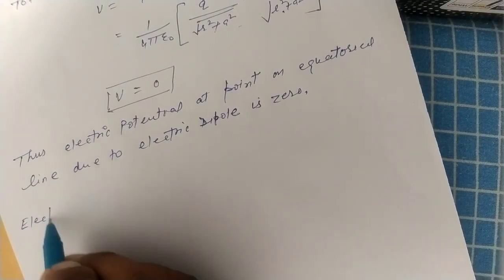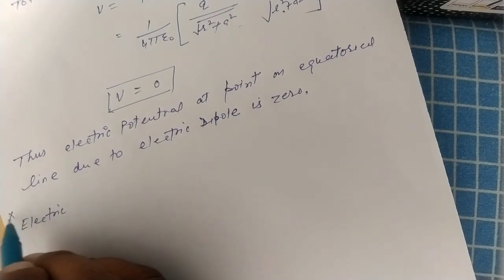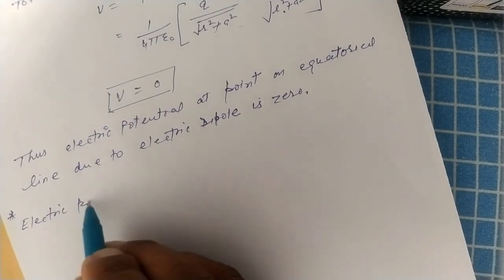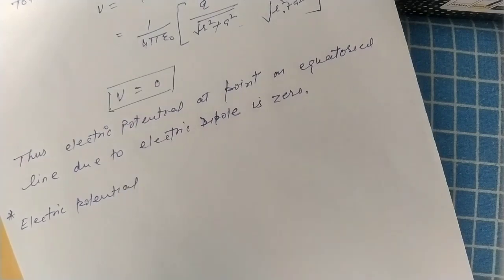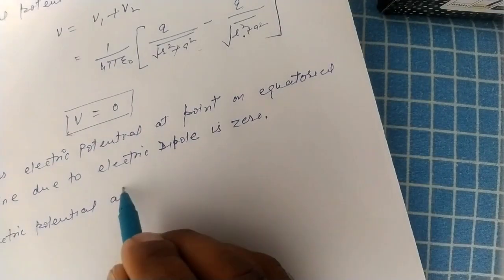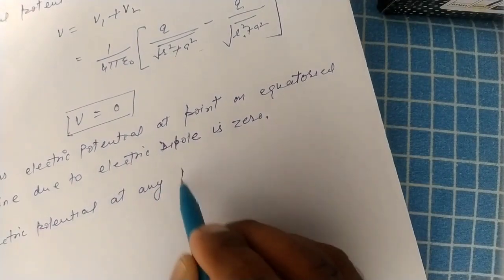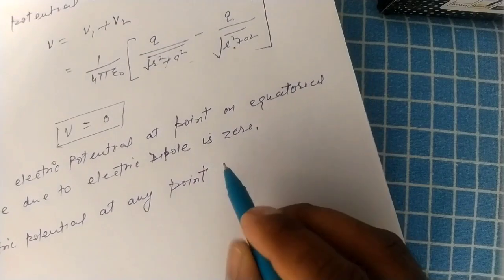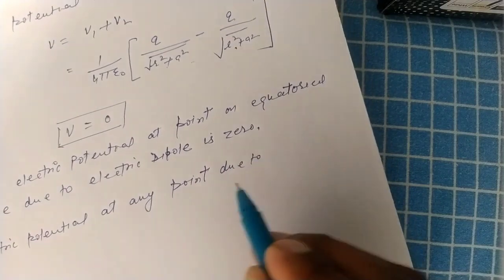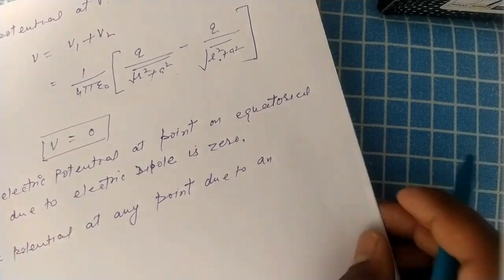Electric potential at any point due to an electric dipole.